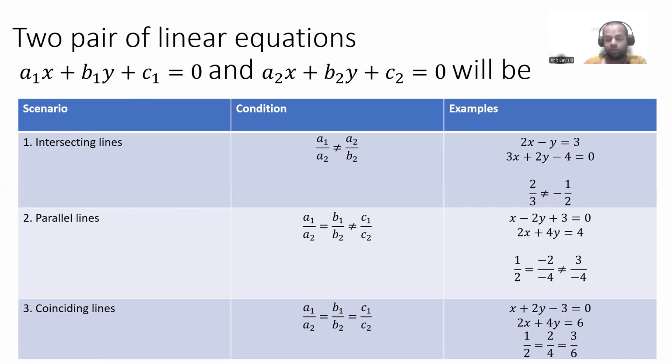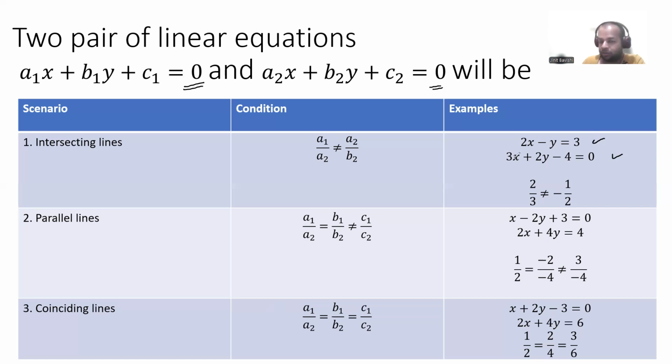These values are what we will look out for in the equation. Once we figure those values out, we'll check whether any of the conditions are met. For example, I've taken the equations 2x minus y is equal to 3, and 3x plus 2y minus 4 is equal to 0. First thing, always make sure you write it in standard form because it gets easier. The standard form says that the right-hand side should be 0.